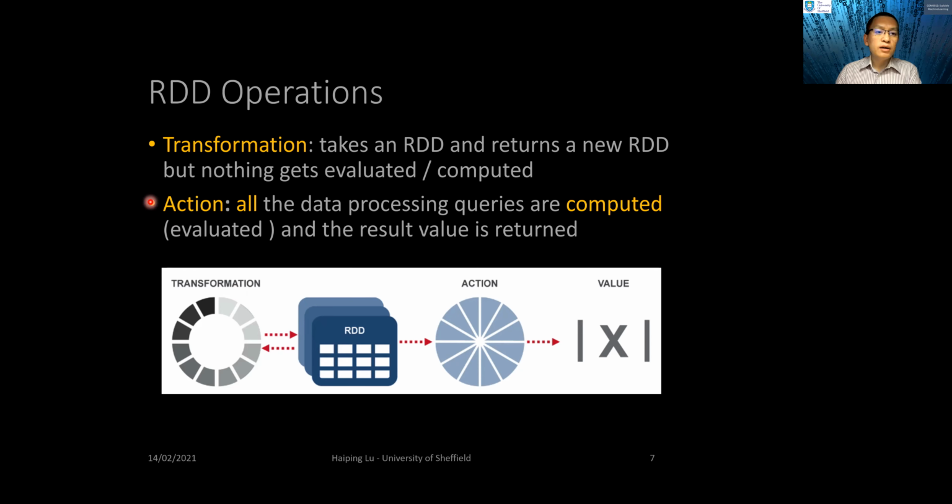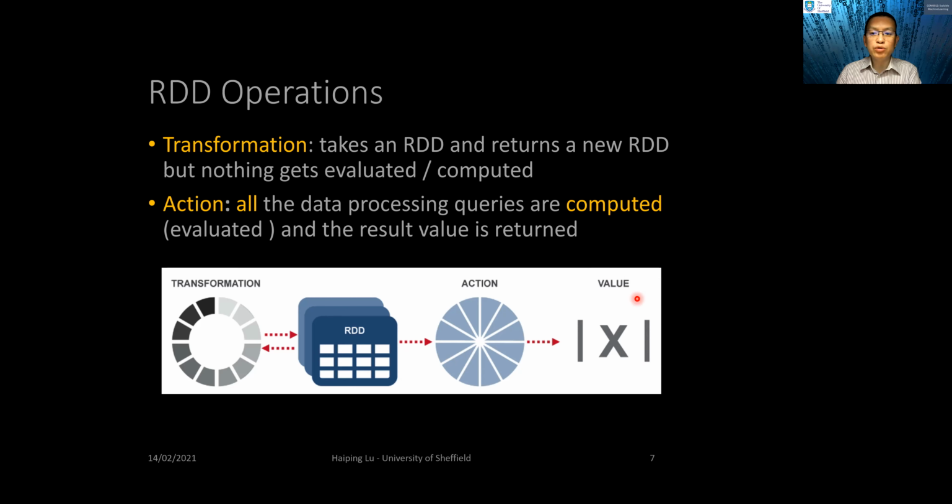And the second kind of operation is called action. In action, all the data processing queries are computed or evaluated, and the result value is returned. So therefore, action will take an RDD and return a value.